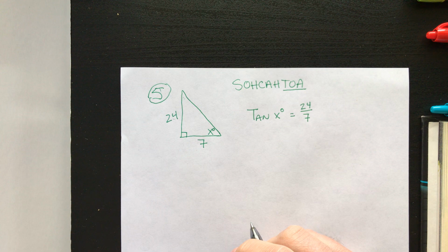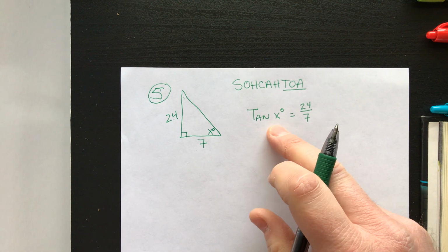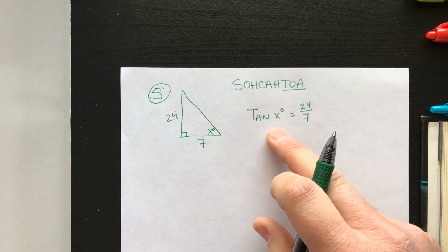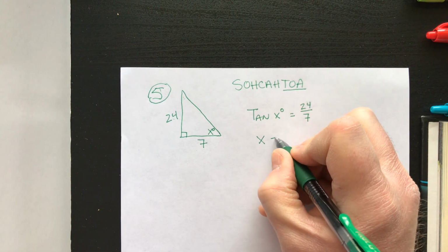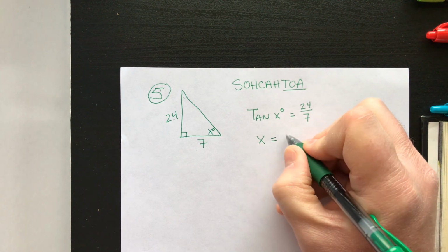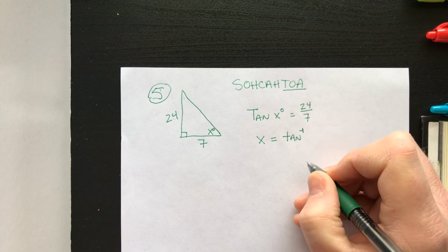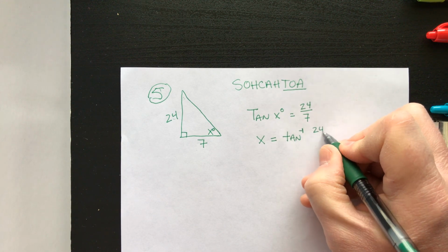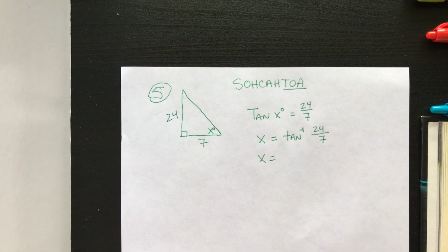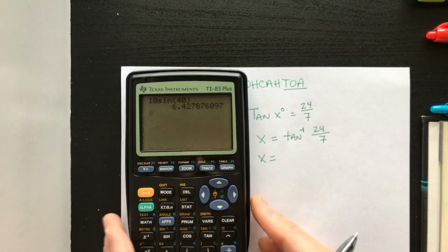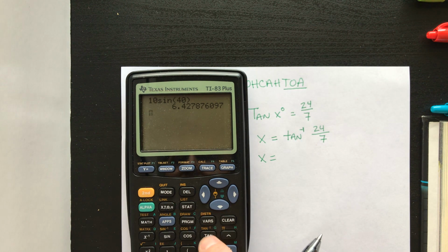Now, the second rule said when you don't know the angle measure, you always use inverse trig. So the easy way to solve this, x is equal to inverse tangent, remember, tangent to the negative first power, of 24 over 7.